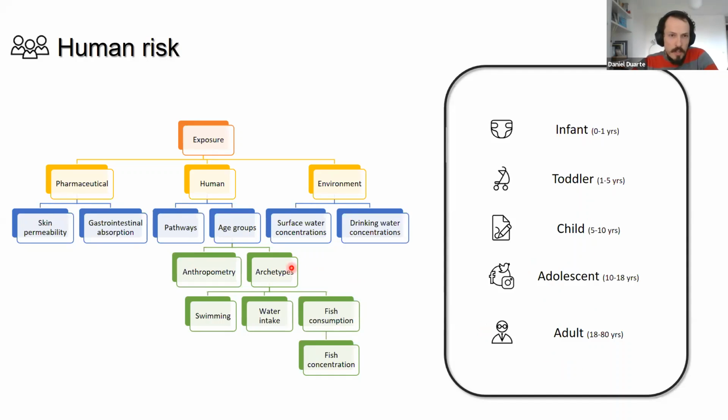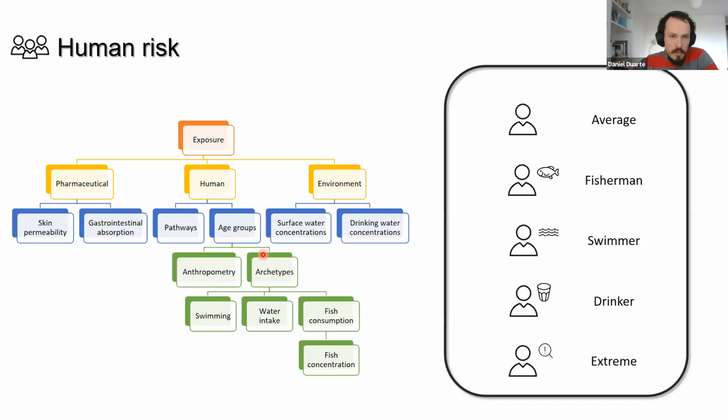And we also conceived what we call behavioral archetypes. These are essentially behavioral profiles. We've called the average archetype an individual that just assumes the average behavior in terms of consumption of fish, swimming activity, and drinking water.